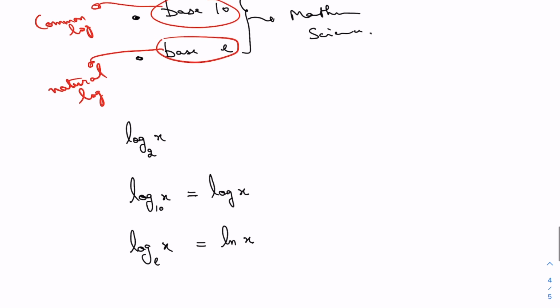Anyway, this one is common log, and in case of common log we can just drop the base. We can just write it without base, and we understand that the base will be counted as 10. And for the natural log we can again drop the base, but instead of writing log we'll be writing ln.